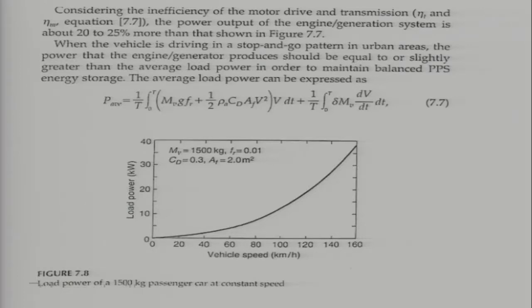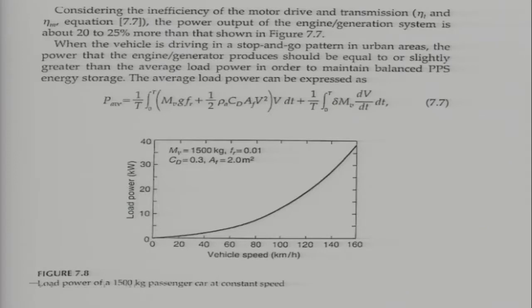So that is why here you can see the average load power can be expressed by using this equation, that is P average, this is equal to 1 upon T integral from 0 to T, this equation first part and second part.